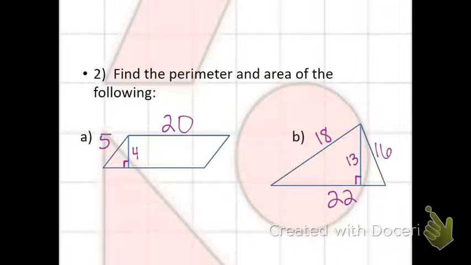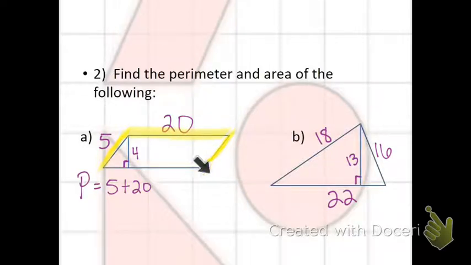If we're finding the perimeter for letter A, remember perimeter is just adding up all of the sides. They have 2 of the sides labeled for us, 5 and 20. Okay, so that accounts for these 2 sides. But to find perimeter, I need to add up all of the outside edges.